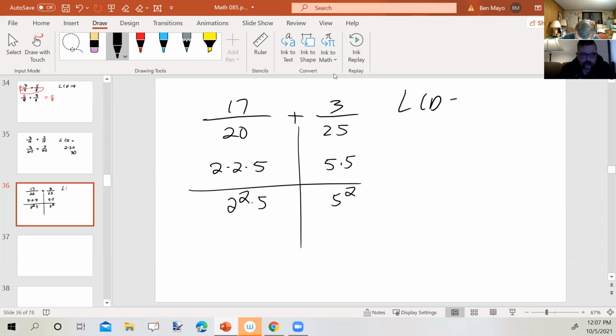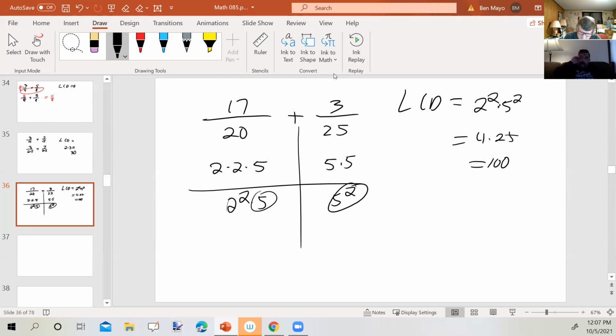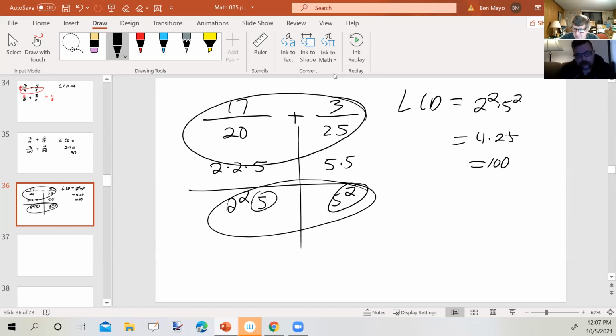The least common denominator is the product of the highest power of each different prime factor within each different denominator. So I need 2 squared times 5 squared, because 5 squared is the highest power of 5, and 2 squared is the highest power of 2. So this is 4 times 25, which is 100. So the LCD of 20 and 25 is 100. And that one might be a little harder to just look at and figure out rather than doing this. So we're going to break things down into factors, take the product of the highest power of each prime.